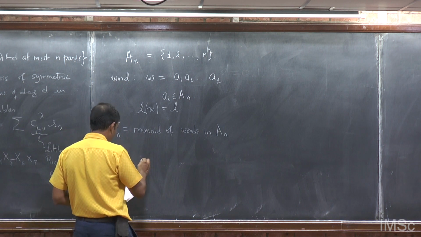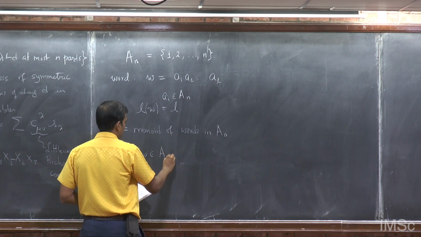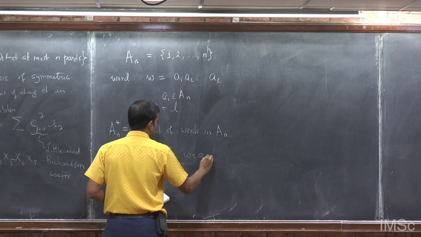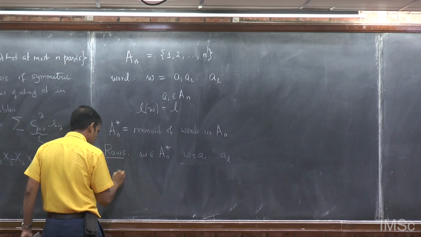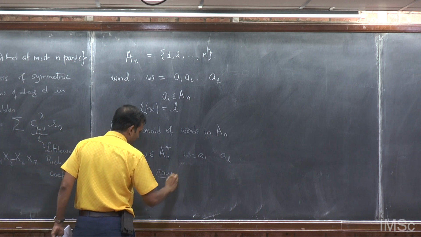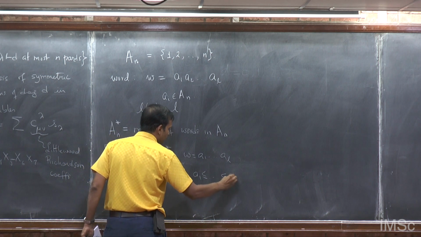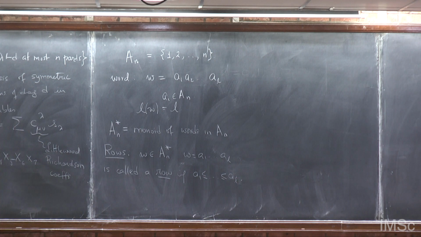A word W equals a_1 ... a_l is called a row if a_1 is less than or equal to a_2 and so on, if these letters are simply in weakly increasing order.